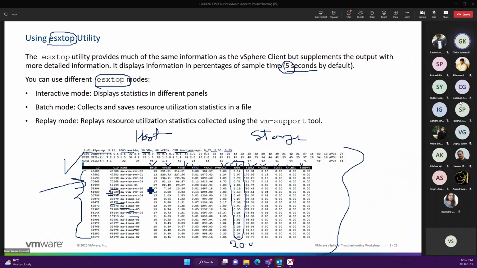At the individual VM level, you can see how many processes are involved and per-process CPU consumption. And you can run it in batch mode, collect all these statistics in a file, and if you want to analyze that file, you can run it later in replay mode. But this is also very, very useful.